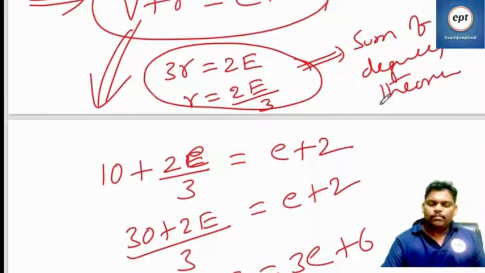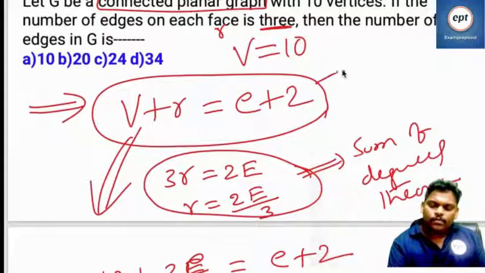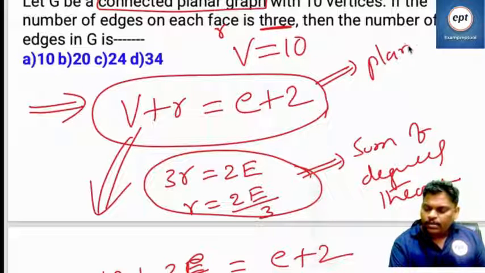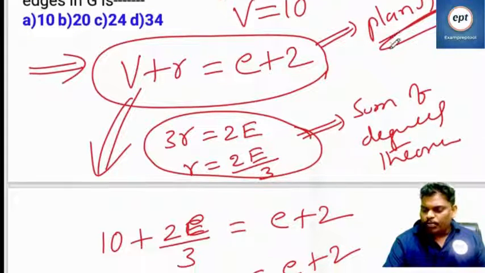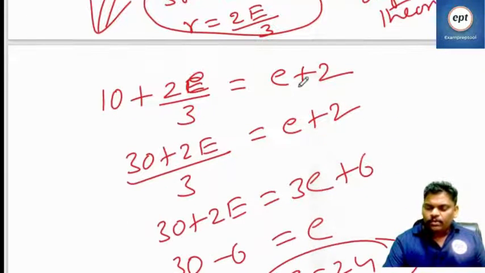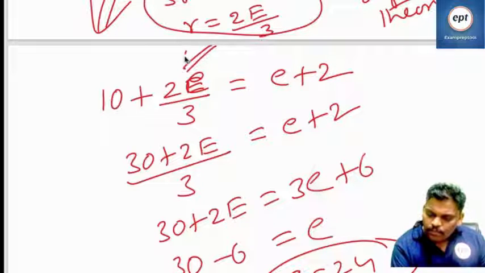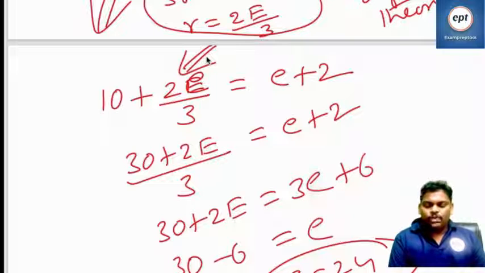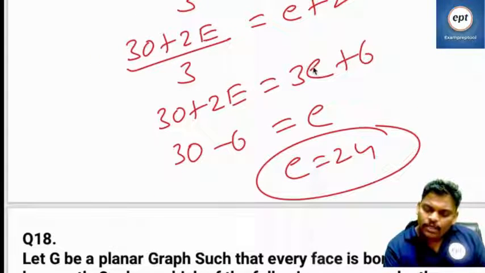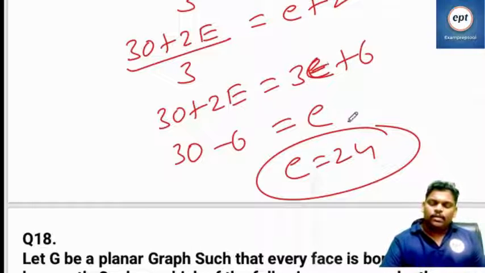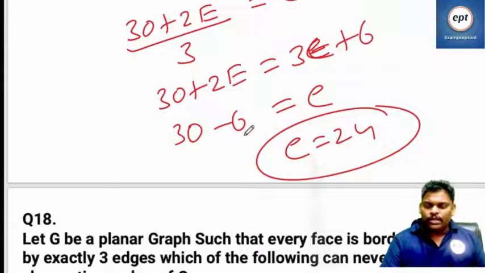First one is planar graph property. Second one is sum of degrees theorem. So I substituted there. 10 plus 2E by 3 is equal to E plus 2. So 30 plus 2E is equal to 3E plus 6. Finally, E value is 24. Can we move to the next problem?